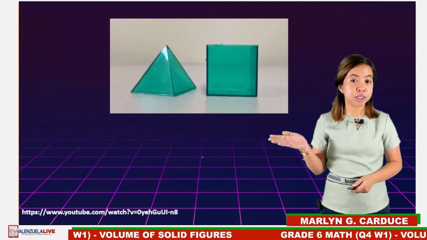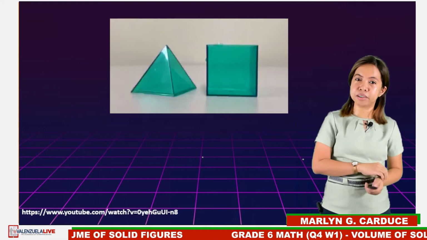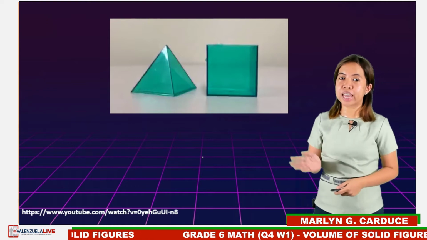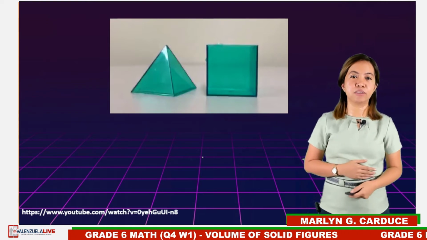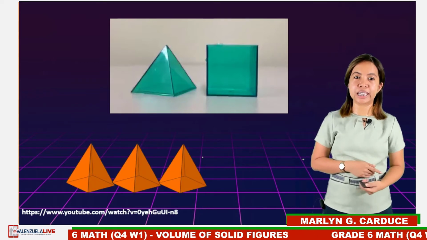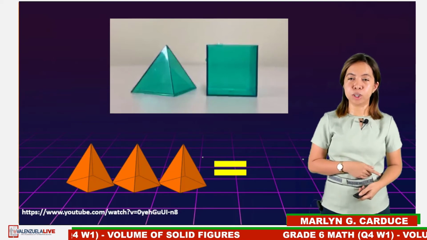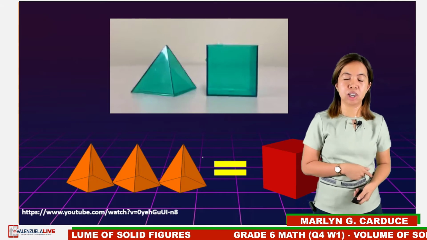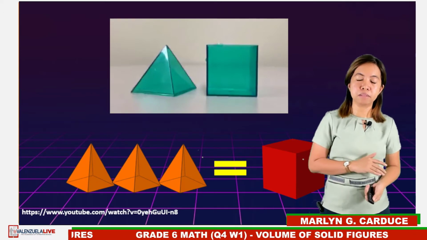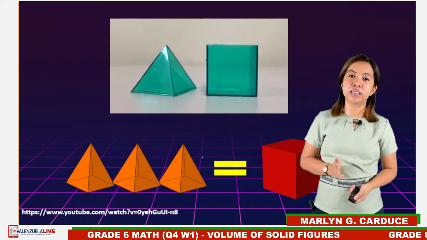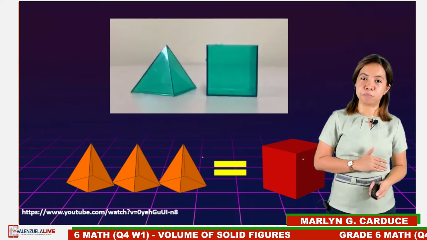So this relationship means that if the pyramid and the cube have the same base and height, we can say that the volume of a cube is 3 times the volume of a pyramid. Or vice versa, we can say that the volume of the pyramid is 1/3 the volume of the cube.